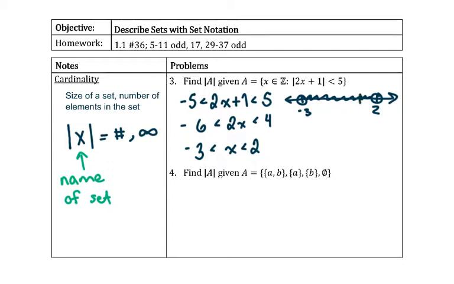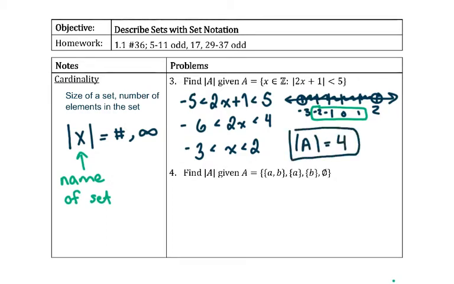So we're looking at 1, 0, -1, and -2. So these numbers here are the set A, and then the cardinality of A, the number of elements it has, is 4. It has the elements -2, -1, 0, and +1.